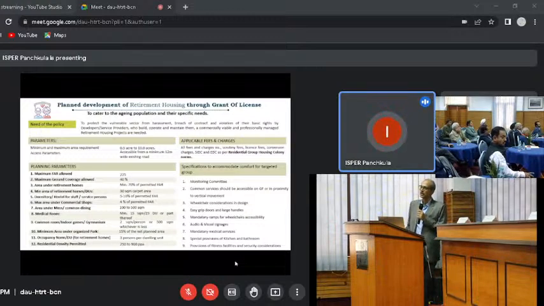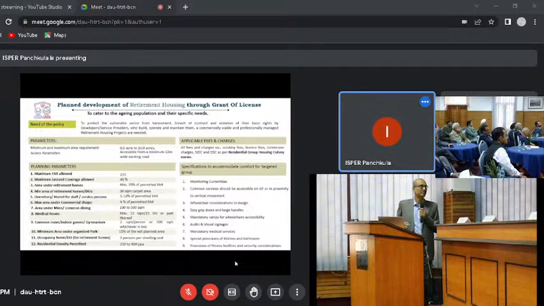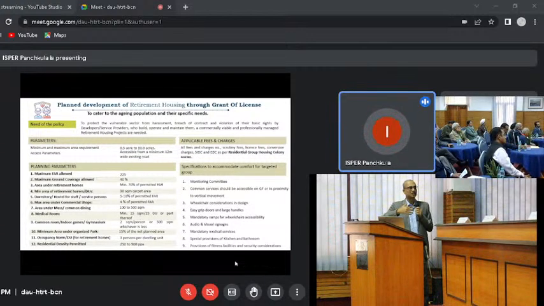Other sub-segments of the market: retirement housing. Earlier, when we did land allotment for old age homes or things like that, those needs used to get catered.